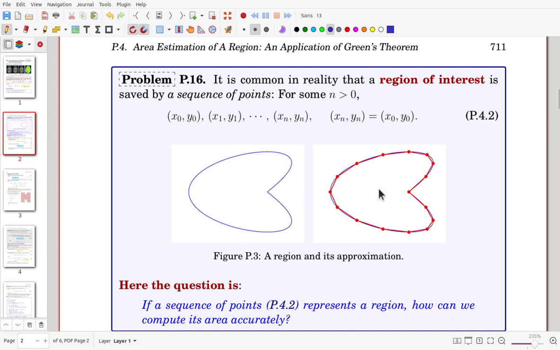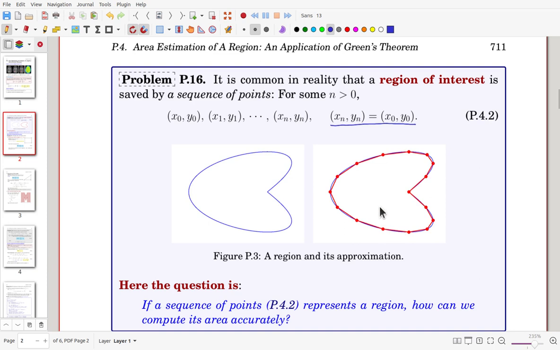Now we'll try to approximate the region using a finite number of line segments, and that can be represented by these points: x0, y0, the beginning point, x1, y1, x2, y2, and so on, turning around, and the last point is xn, yn. So the last point is the same as the first point. That would make a closed curve, an approximation.